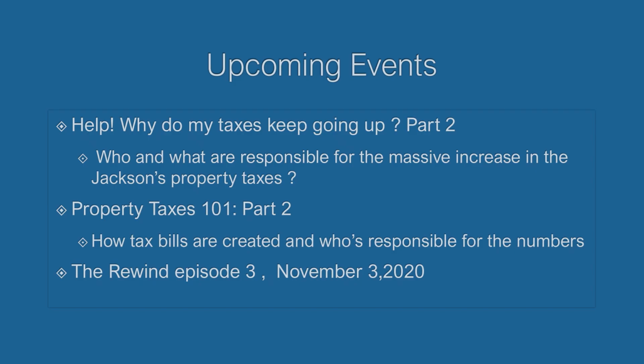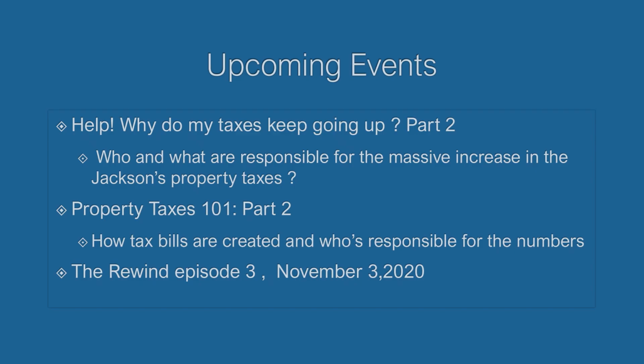Okay, so just to kind of give you guys a little information on some upcoming events. As you may or may not know, we already released part 1 of Help, Why Do My Taxes Keep Going Up? In part 2 of that series, we're going to continue to follow the Jacksons and dealing with their property tax issues, and we're more so going to focus on who and what are responsible for the massive increases in their taxes.